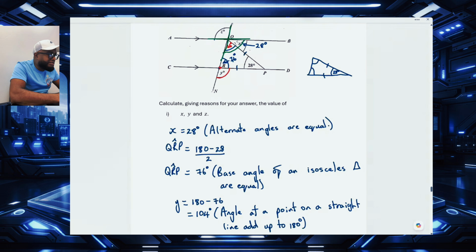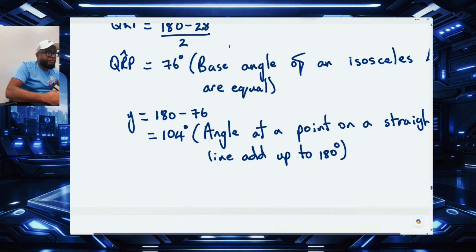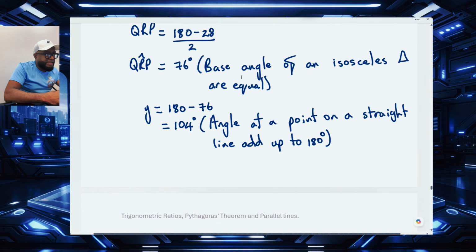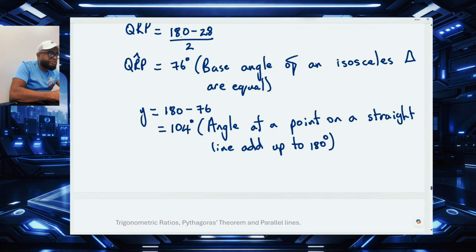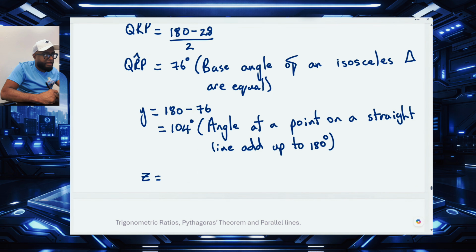So this angle z will be equal to the angle underneath here, which is x, 28 plus 76. So I'm going to put z is equal to 76 plus 28, and then I'll put my reason as vertically opposite angles are equal. 76 plus 28 is 104.